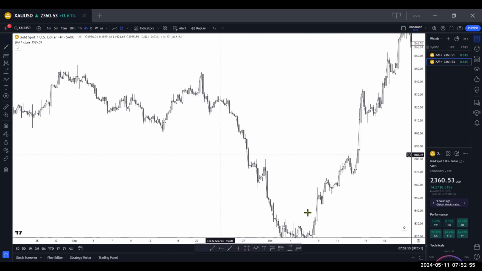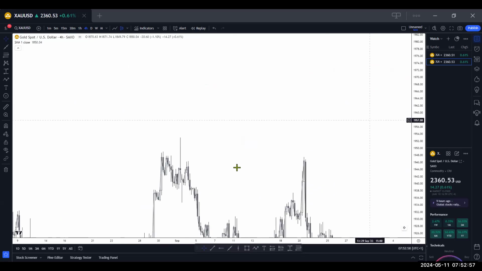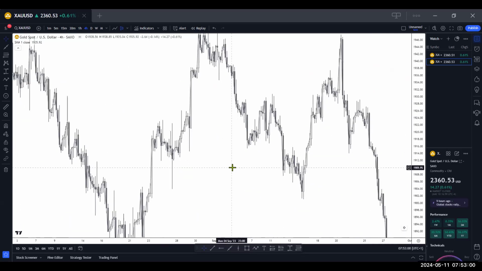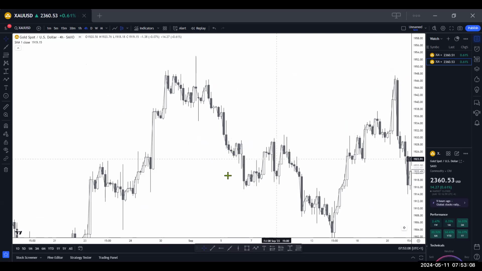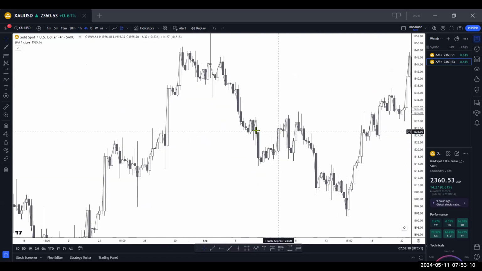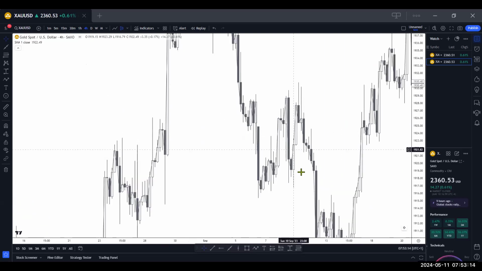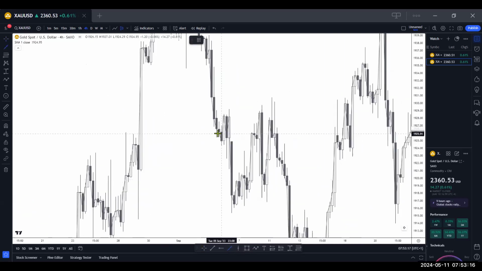One more example. This would have been a good example, but let me see. It is an example. Okay. Good example, right? First touch, second touch.